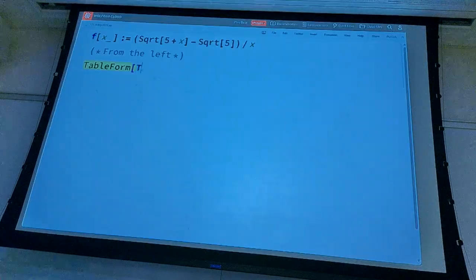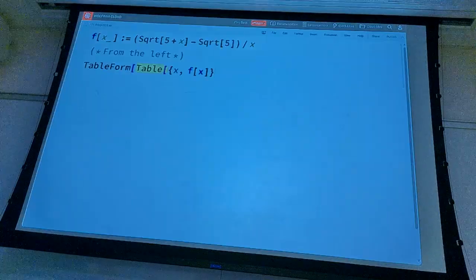Going to do table form and then have it create a table. What are the columns? X and f of x, right? What am I using as my table variable? X.